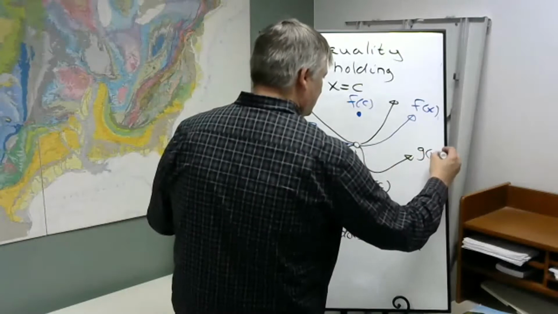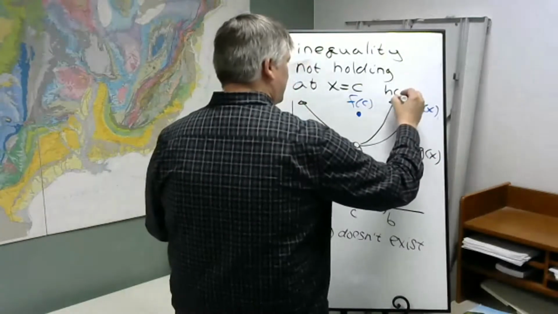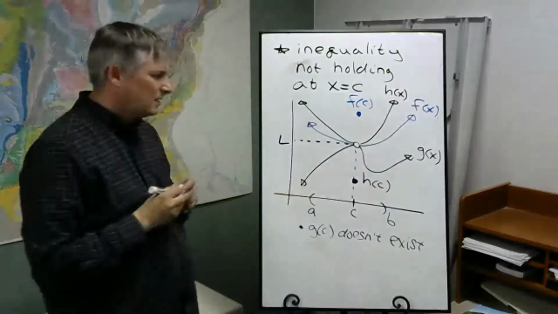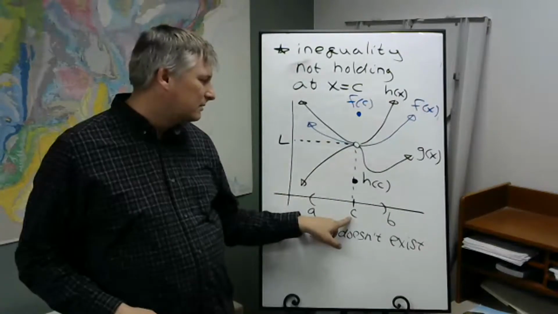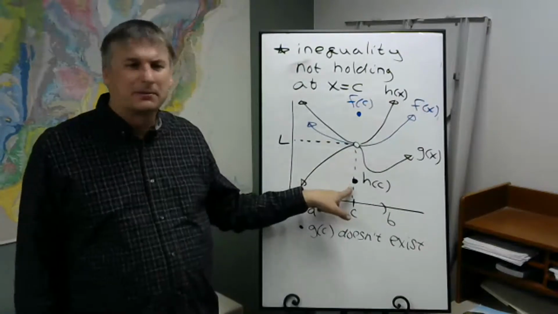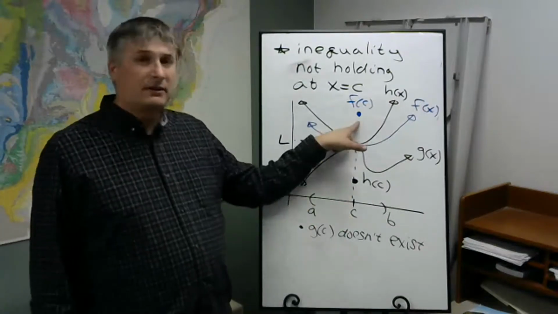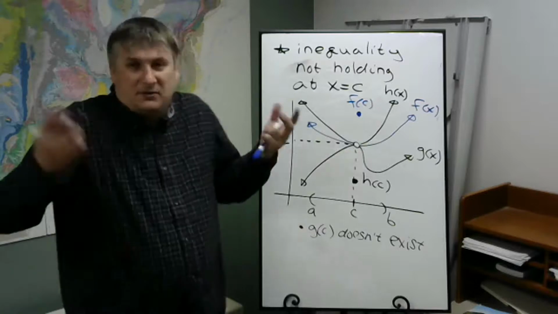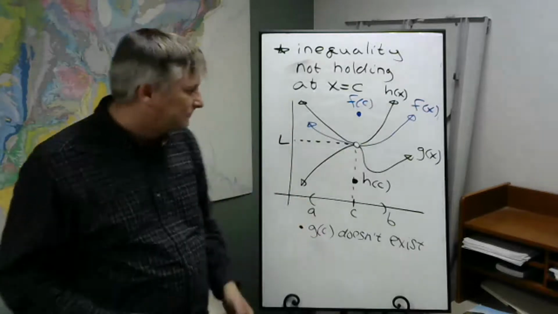Here's g of x. Here's h of x. But at c, h of c suddenly drops down here. f of c suddenly up here, and g of c just doesn't exist.